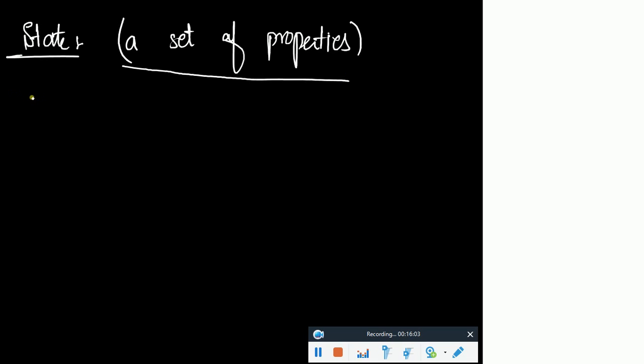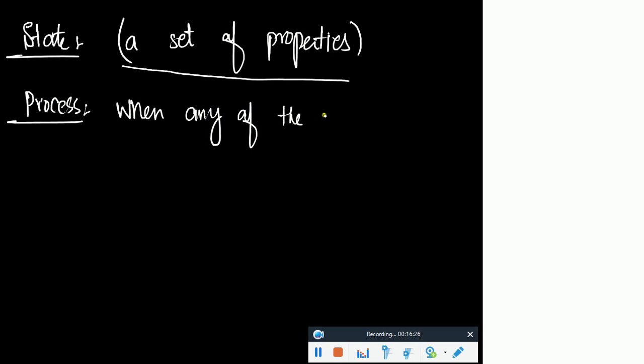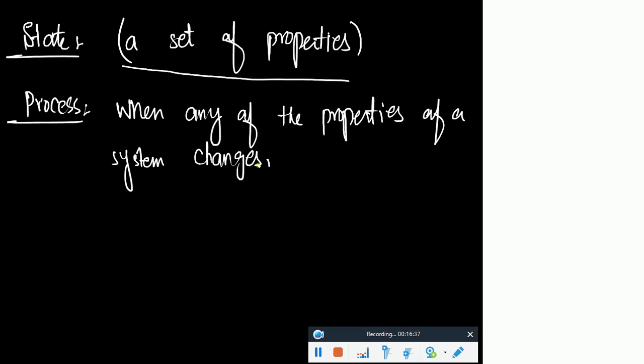Now let's define something about process. When any of the properties of a system changes, obviously the state would change.